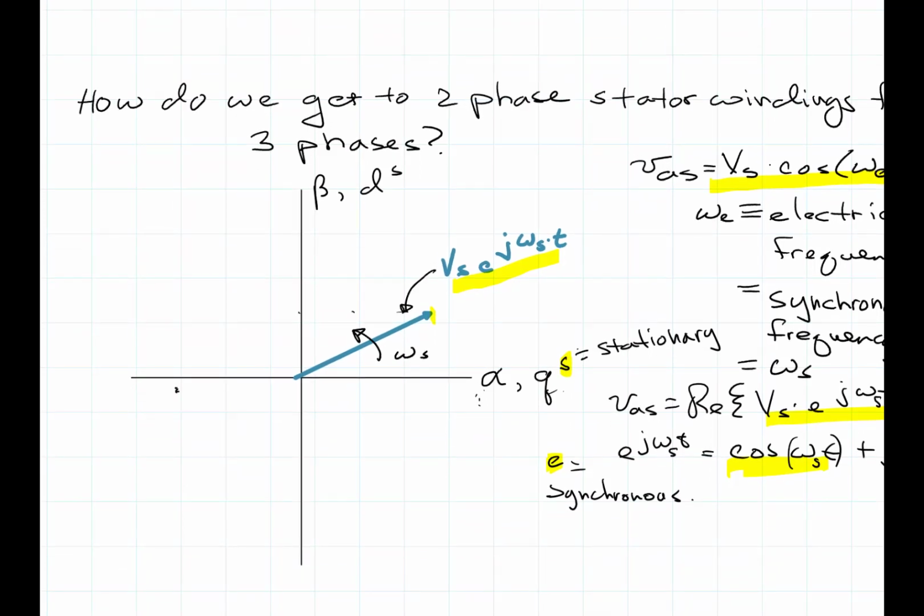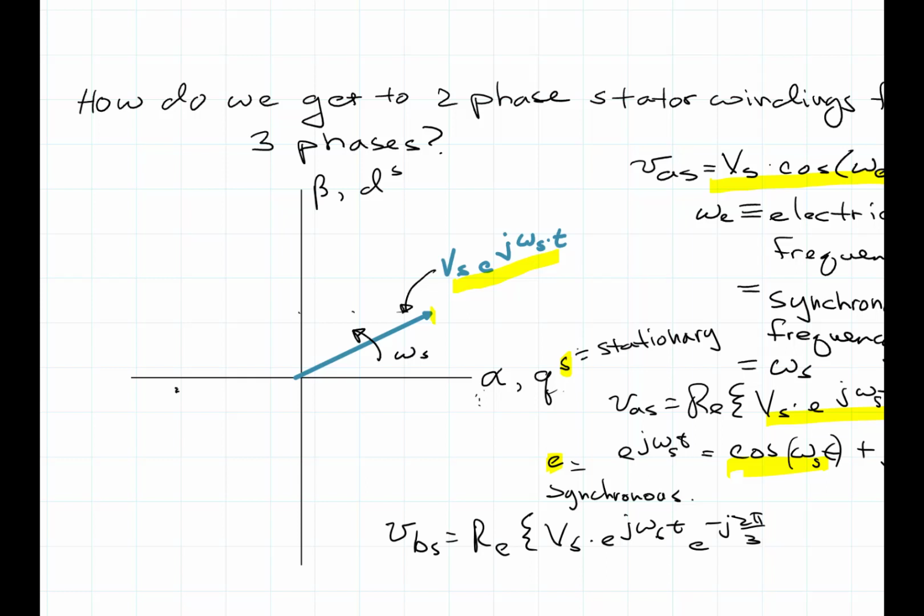And likewise, we could represent phase B of the stator as being equal to the real component of Vs e^(jωs t) times e^(-j2π/3).